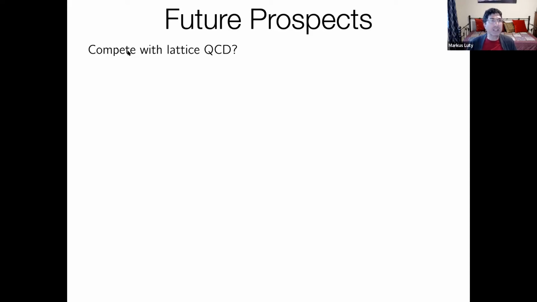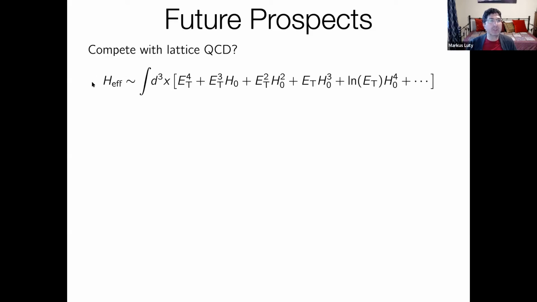In lattice QCD, what does this effective Hamiltonian look like? Well, the bare coupling is now dimensionless, and I'm in 4 dimensions. So my effective Hamiltonian is a cubic integral, and it has all these divergent terms.